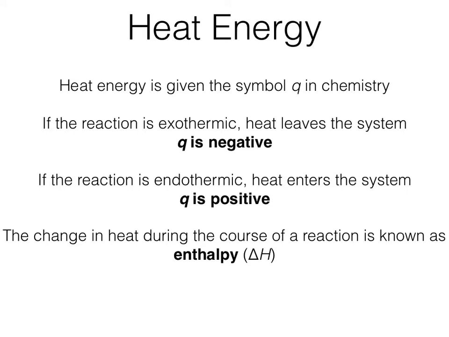Heat energy, like I said, is given the symbol Q in chemistry. If the reaction is exothermic, that means that heat is leaving the system. Q is negative. Remember, exothermic: if we have a system, the energy goes to the surroundings. This is the energy flow.